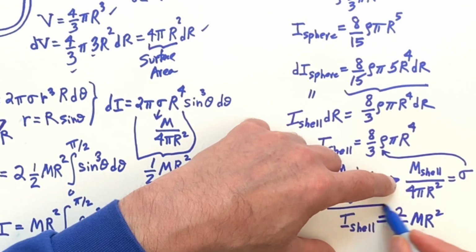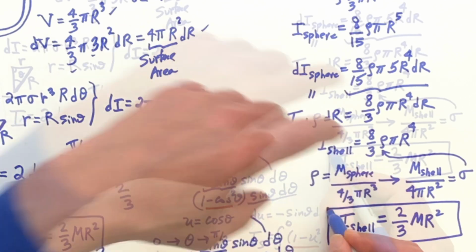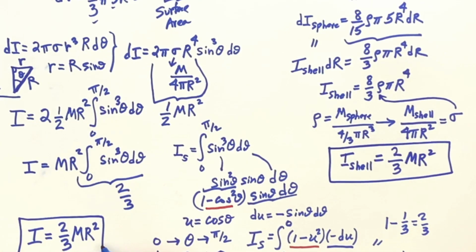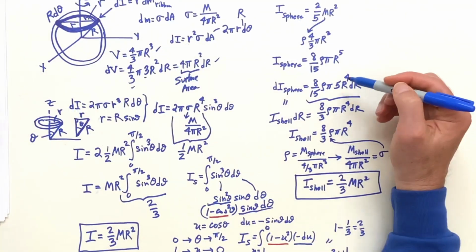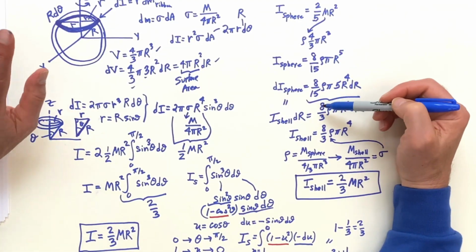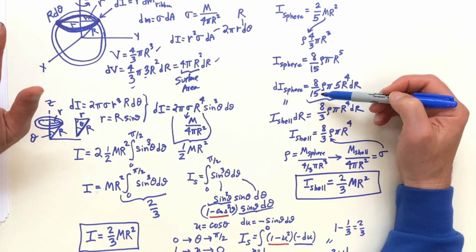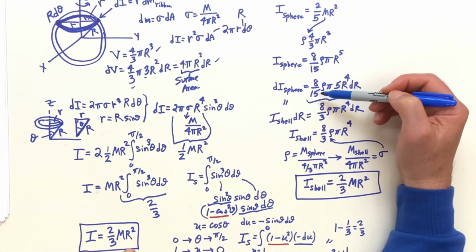And that is the answer we got earlier over here. Now this is a sophisticated analysis here. So this is the straightforward way, which is my preferred way. Right to the point, we got it.